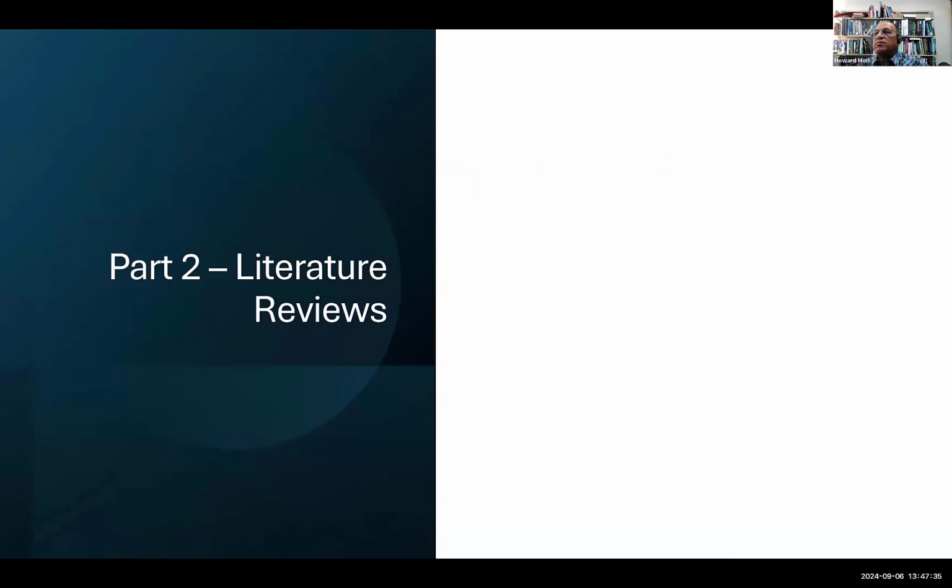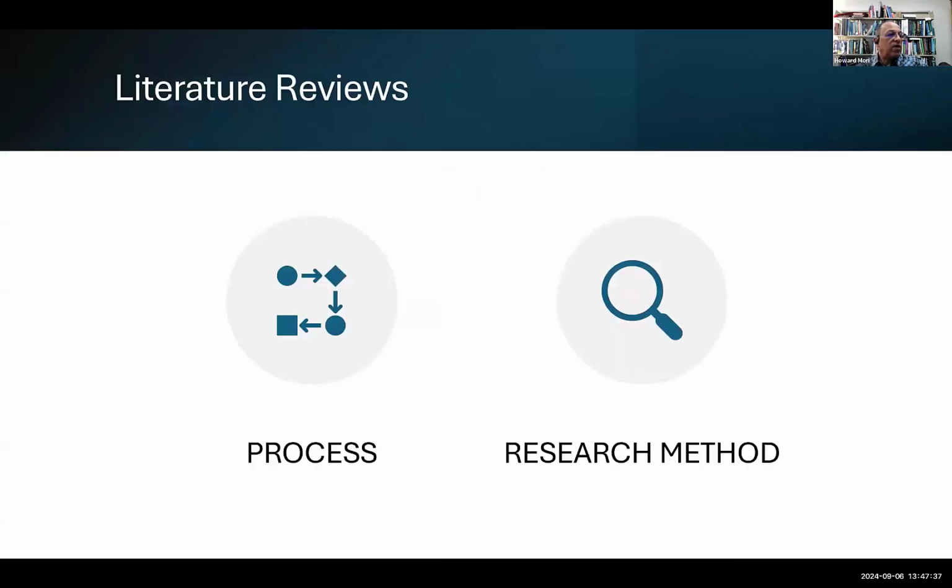Literature reviews. I'm going to just go briefly over this one. There's a lot of material to cover, but one of the things I reminded myself, and had to remind my students, is that when we're talking about literature reviews, there are two different aspects. One is actually a process, when you go and check for resources if you are putting together a paper, a dissertation, a thesis, right?